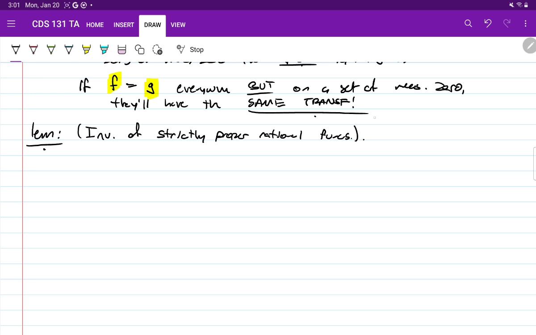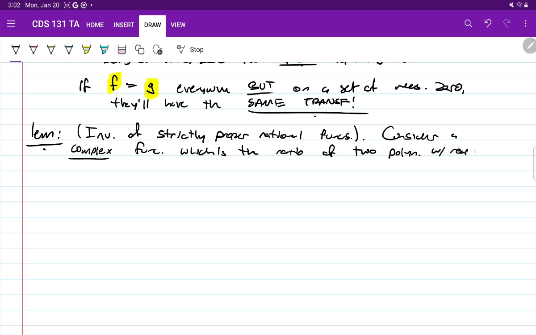Consider a complex function which is the ratio of two polynomials with real coefficients. Maybe I have some function, let's call it g hat of s, equal to a_m s^m plus ... plus a_1 s plus a_0, a polynomial in the numerator. Then I have another polynomial in the denominator.